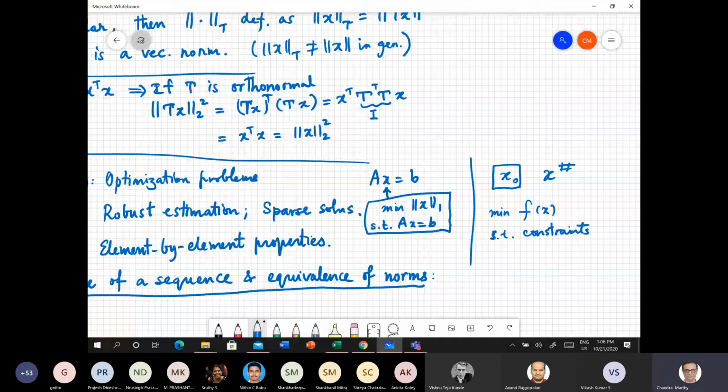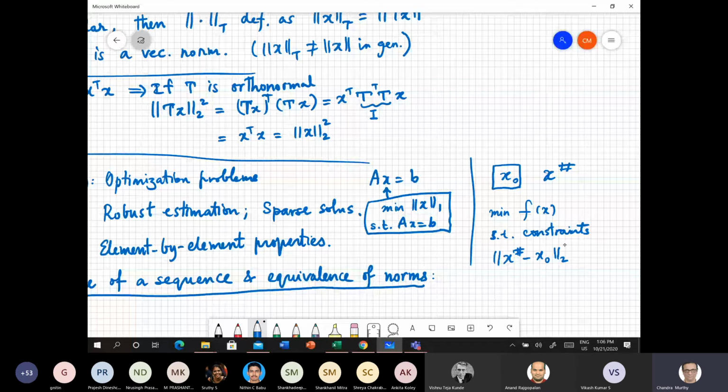And effectively, if you're looking at the L2 norm, what this is doing is taking the difference between all entries of x hash and the corresponding entries of x naught, squaring them and adding them up, and then finally taking a square root.